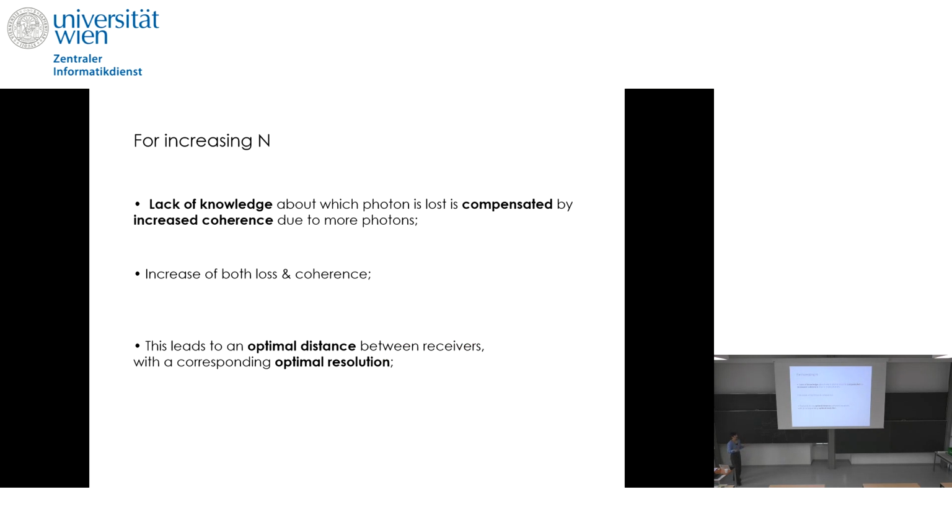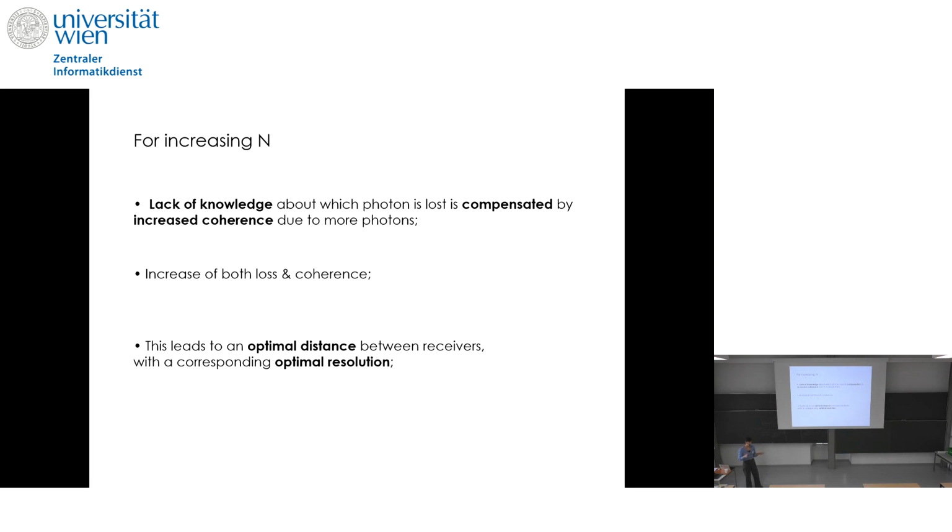So we can say that when we increase the number of photons, yes, we are increasing loss. And we don't know which photon we are losing in the transmission. However, this lack of knowledge is compensated by the fact that we are creating more coherence between the two receivers.